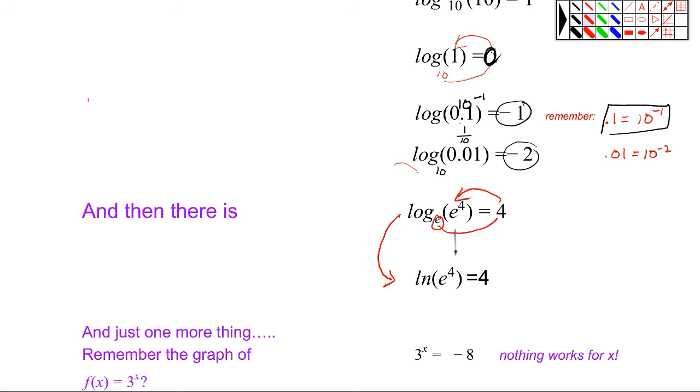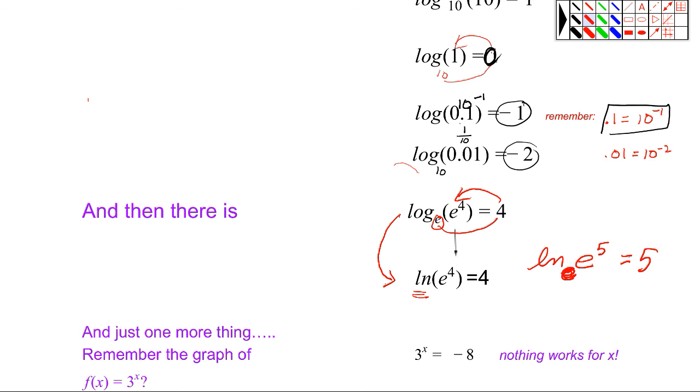Log base e means the same thing as natural log. Okay, so if you were asked for the natural log of e to the 5, that's the same thing as saying log base e of e to the 5, which is, of course, 5.